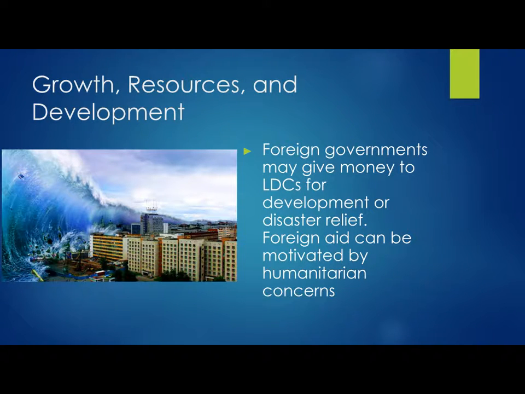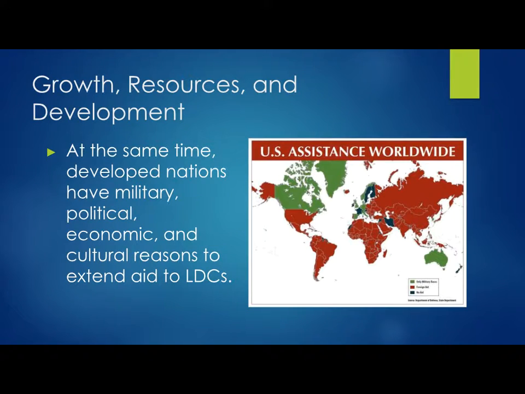Foreign governments may give money to less developed countries for development or disaster relief. Foreign aid can be motivated by humanitarian concerns. At the same time, developed nations have military, political, economic, and cultural reasons to extend aid to less developed countries. So you hear stuff about the Middle East, right? Quite a bit in the news. And the Middle East is important to us because it's a big source of one of the resources we use a lot, oil.